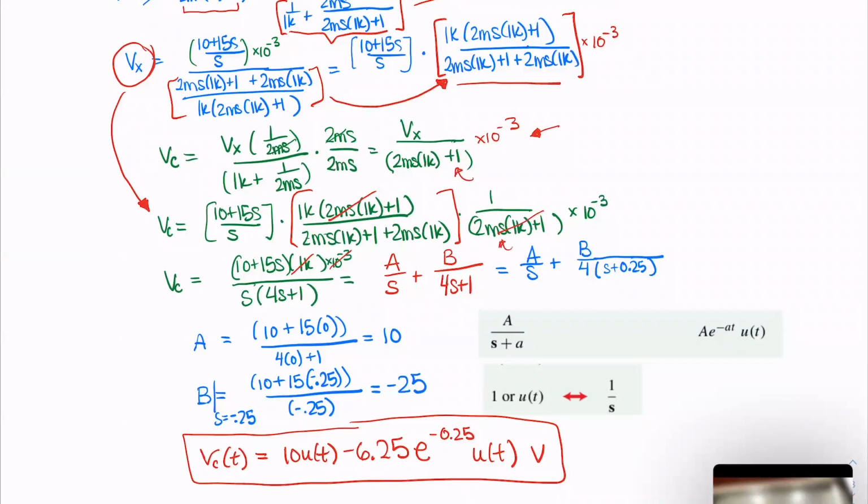And so those end up canceling, the top and the bottom component. And then the 1K times 10 to the minus 3 cancel each other out to give you 1. And you're left with the 10 plus 15S over S. And then I just multiplied the bottom part out. So it was 2S plus 1 plus 2S, which became 4S plus 1.